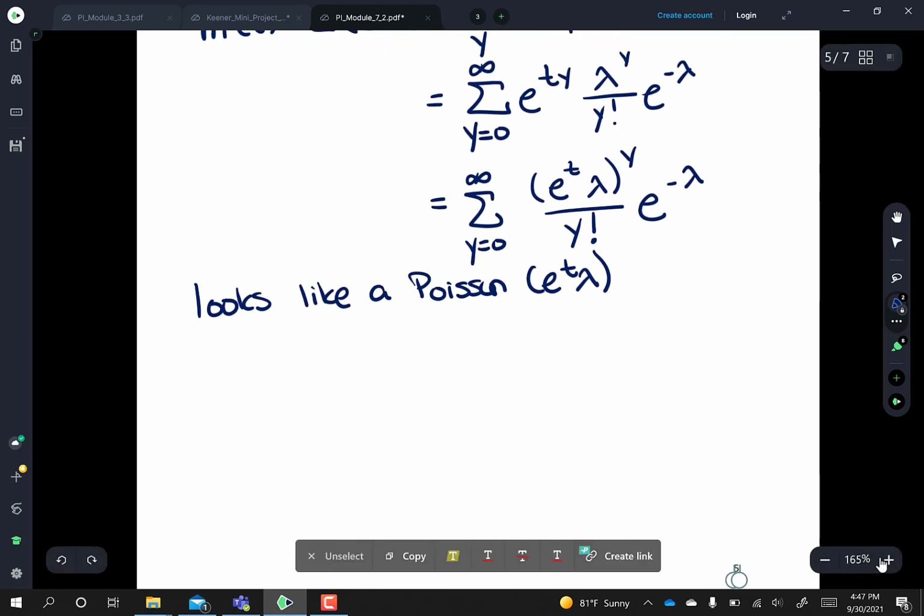So using that fact, I'm going to do again something very similar to what I did before. I'm going to rewrite this moment generating function.